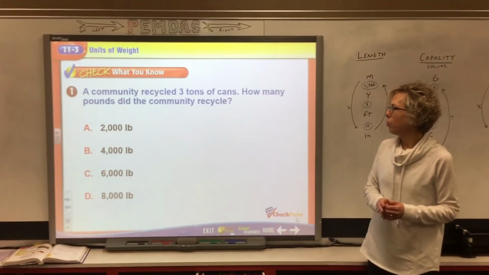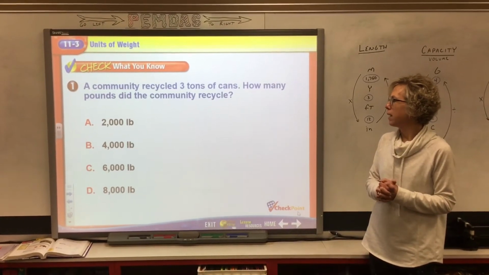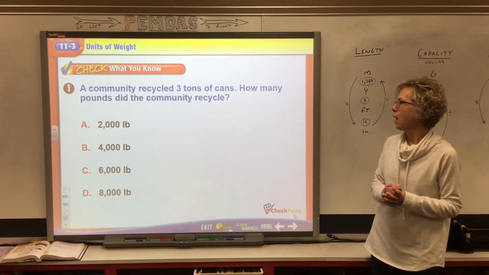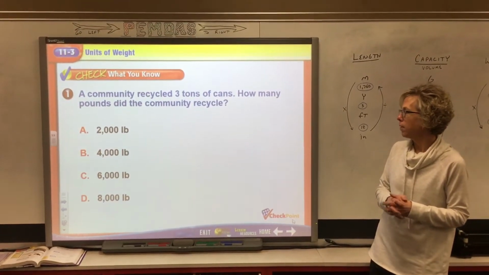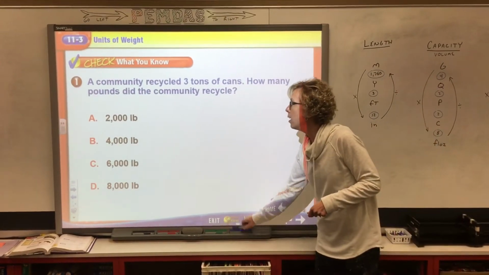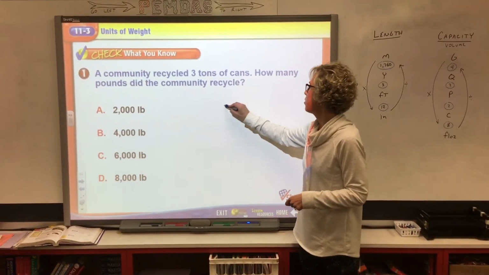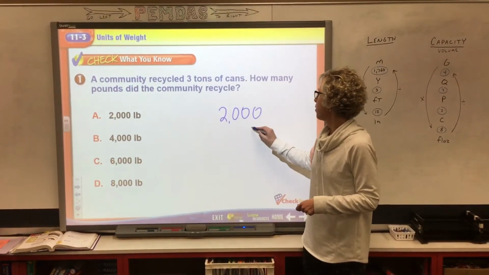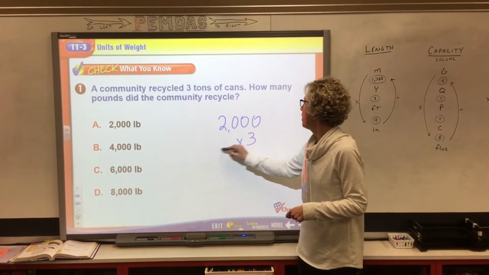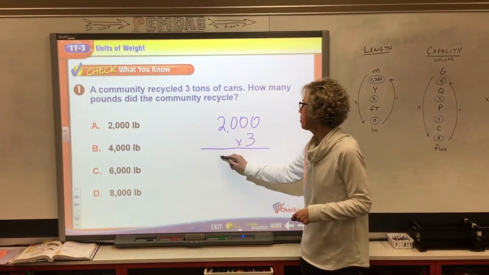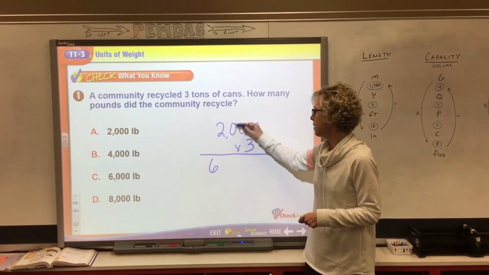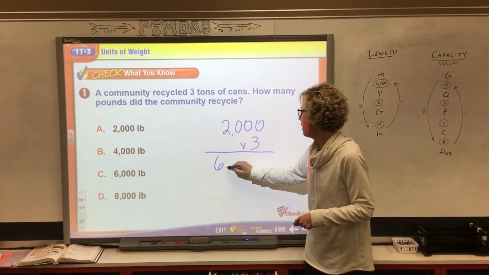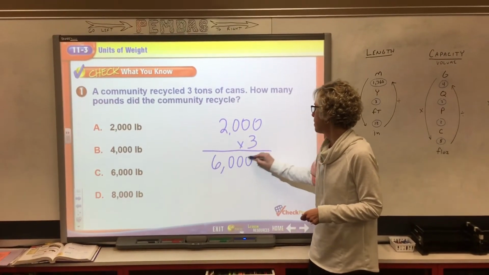In this case, we have a community that's recycling 3 tons of cans. How many pounds did the community recycle? So again, you know that 1 ton equals 2,000 pounds, and you've got 3 tons, so you'd multiply 2 times 3, we know that's 6, and then just go ahead and add the 3 zeros behind that.